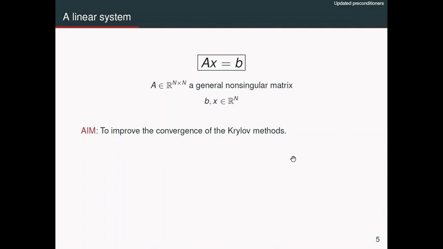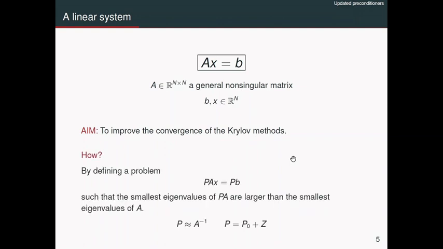The convergence of this method depends on the condition number of the matrix, and to improve the convergence, we define an equivalent preconditioned problem, so that for the matrix of this system PA, the smaller eigenvalues will be larger than the smaller eigenvalues of A, so the condition number of this matrix will be smaller, so the Krylov method applied to this type of problem has a better convergence.